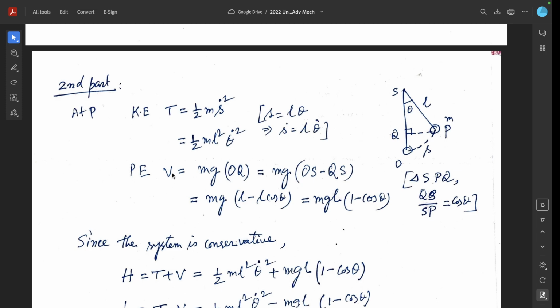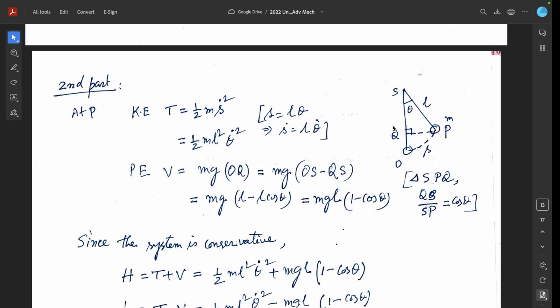And the potential energy is mg times OQ. This O is the ground level, the base level. So this vertical height OQ is the distance above the base level, so the potential energy is mg times this distance, which is OS minus QS.